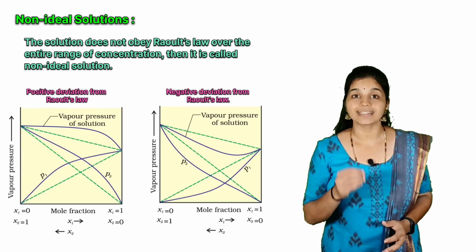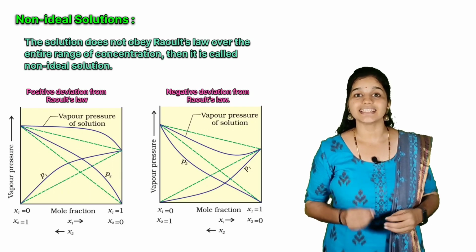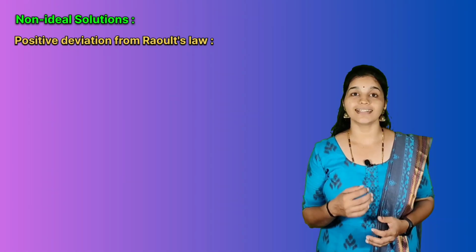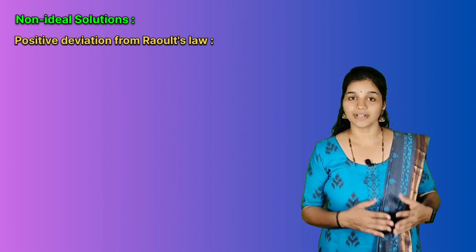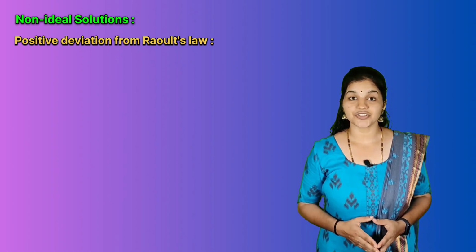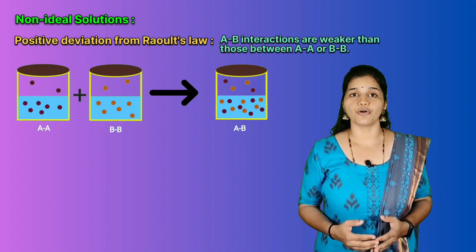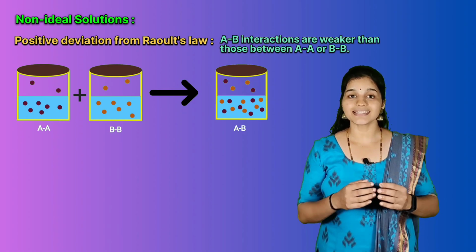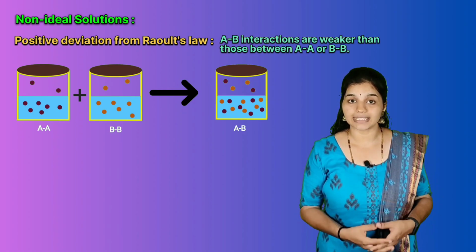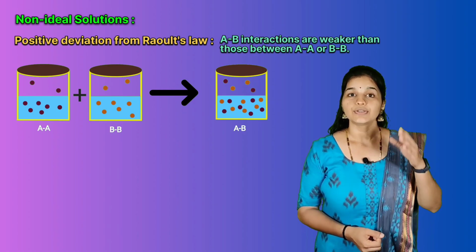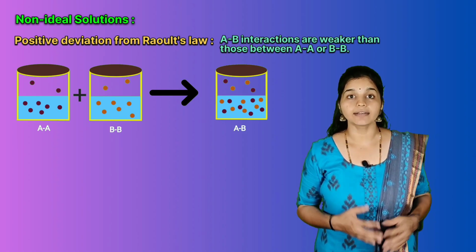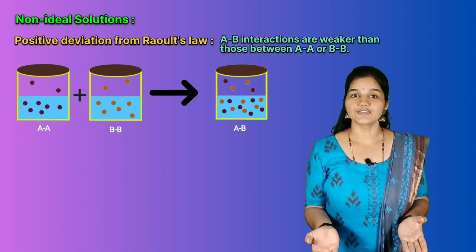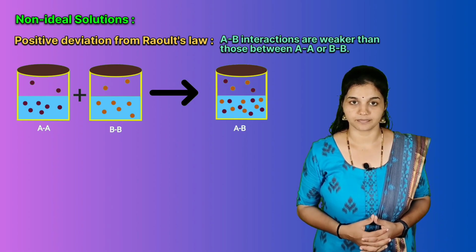The cause for these deviations lies in the nature of interactions at the molecular level. In case of positive deviation from Raoult's law, AB interactions are weaker than those of AA or BB interactions. That is, in this case, the intermolecular attractive forces between solute-solvent molecules are weaker than those between solute-solute and solvent-solvent molecules.